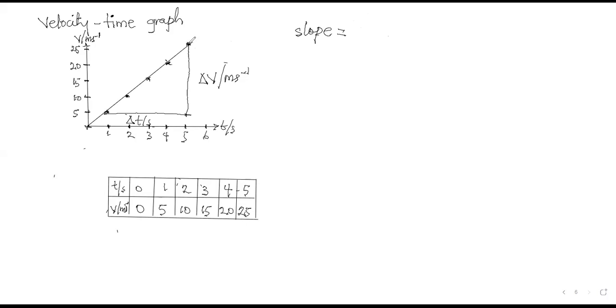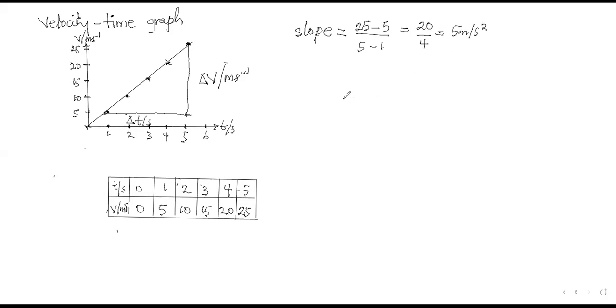Change in vertical, this is 25 minus 5 over 5 minus 1. So 20 on 4. And so this is 5 meters per second squared.